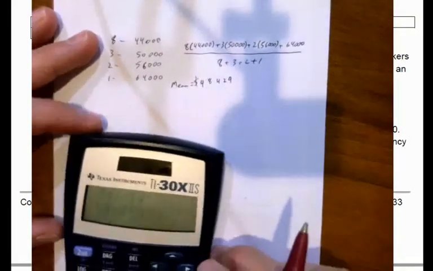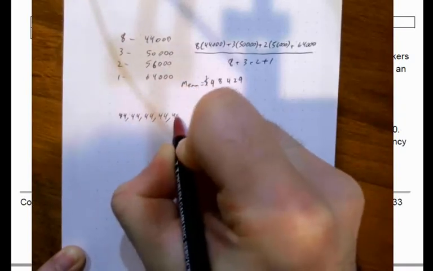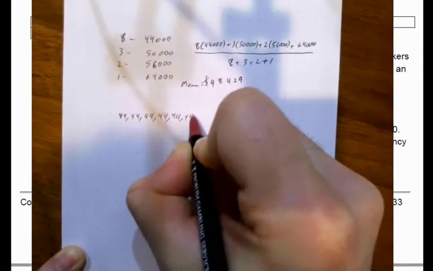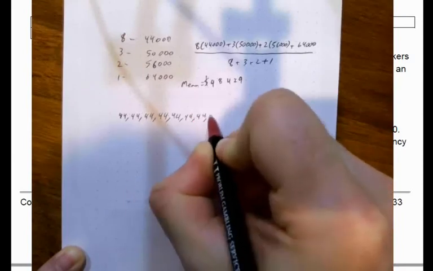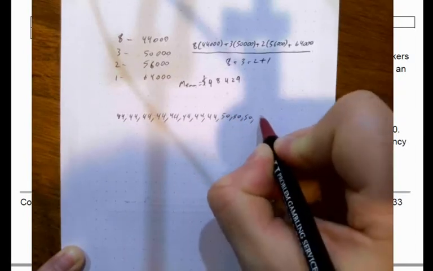If we wrote this as a median, rather, we'd have to write all these in order. Let's start with 44. I'm going to drop the thousands. I have to write 44 8 times: 1, 2, 3, 4, 5, 6, 7, 8. And then I'd write 50 3 times. 56 twice.